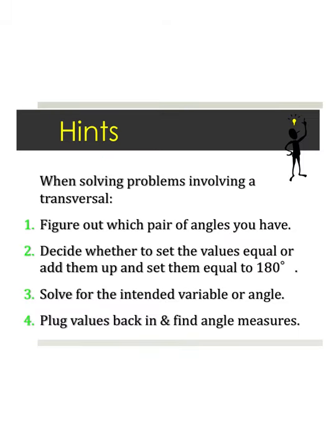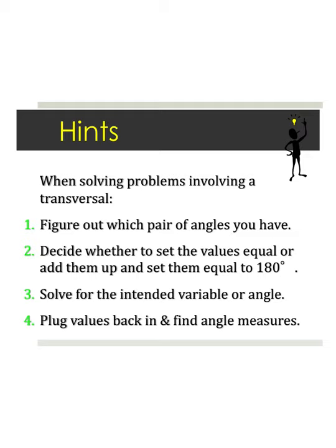So when you're solving these problems involving transversals, you're going to have to use a variety of different angle relationships that we have learned. It's not going to be like one example from the notes is going to look exactly like what you're going to do in classwork, or on a quiz or test. You have to first figure out which pair of angles you have, if any.